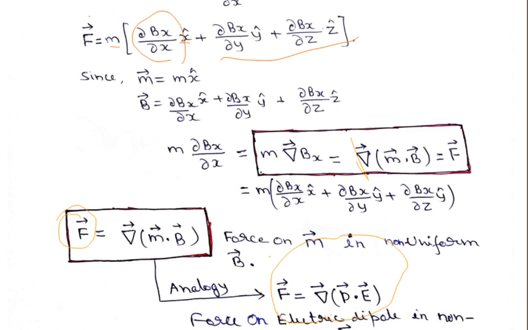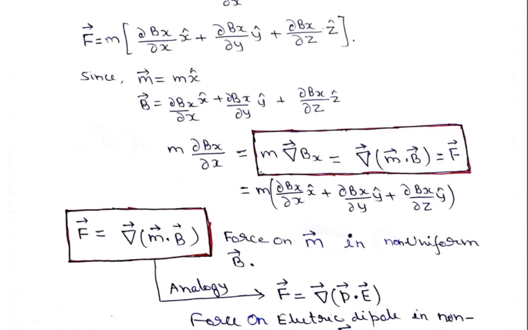So in this lecture we have tried to calculate the magnetic force and torque on a magnetic dipole when placed in a uniform magnetic field and in a non-uniform magnetic field.